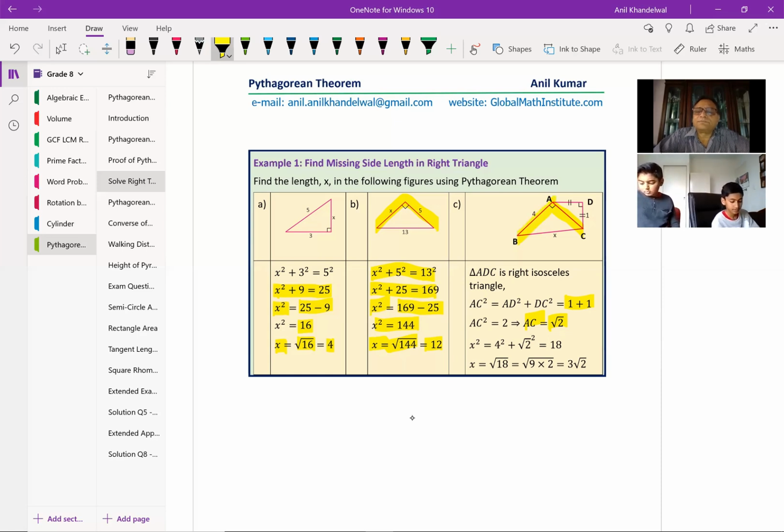So 4 squared plus the square root of 2 squared equals x squared. You can cancel out the square root because you've squared it. So 16 plus 2 equals x squared, 18. So x squared equals 18, and the square root of 18 is the answer. Perfect job done.